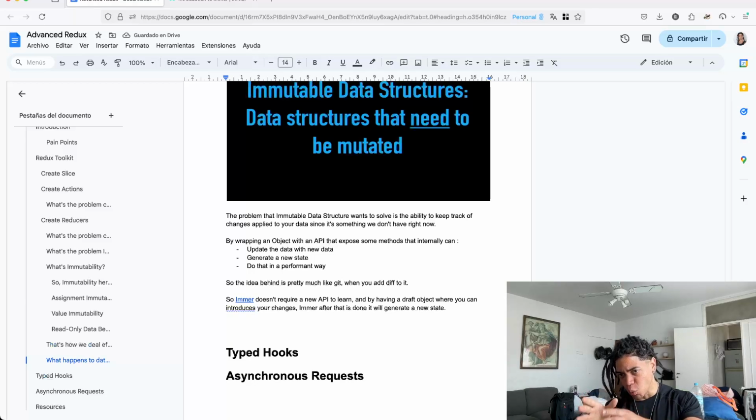When you need a mutable data structure, what you actually need is an immutable data structure.